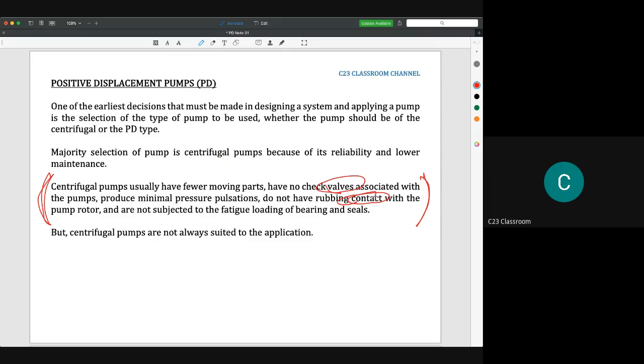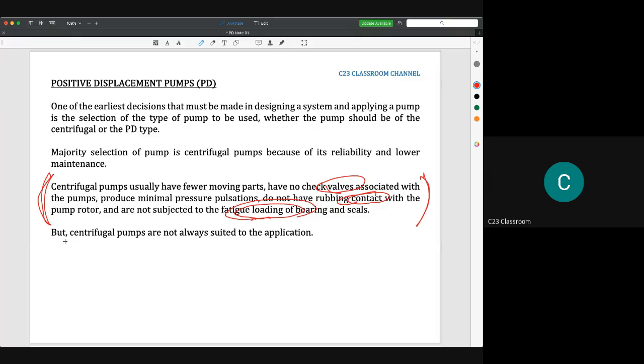When you have a lot of rubbing contact, it starts to have fatigue loading. That's the disadvantage of positive displacement. But positive displacement has another advantage that you will not get in a centrifugal pump.